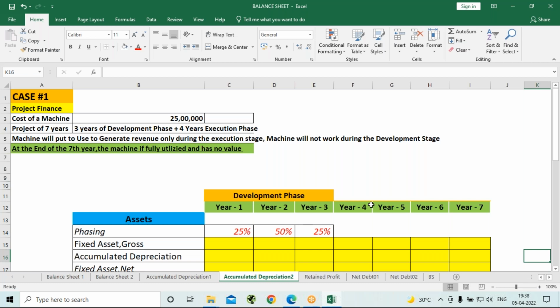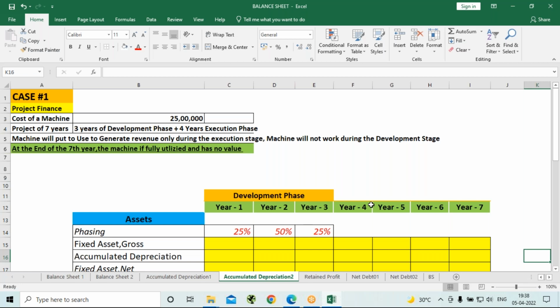What it is saying is, the project finance cost of a machine is 25 lakhs. The project is 7 years in total, but in that, 3 years is the development phase, and from the fourth year onwards it is considered as the execution phase. So the remaining 4 years it is going to execute.